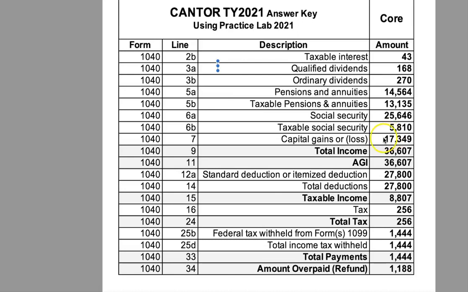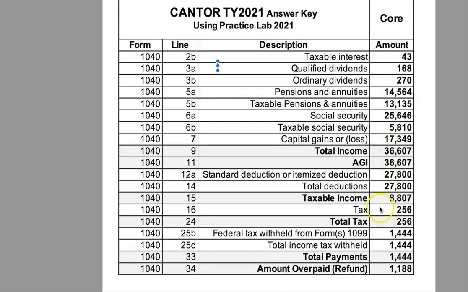And that's because we have $17,000 of capital gains. And as I said earlier, the more non-Social Security income you have, the more Social Security becomes taxable. Social Security can become taxable up to 85%. It's never taxable on the California tax return, however. So that's one thing of interest.